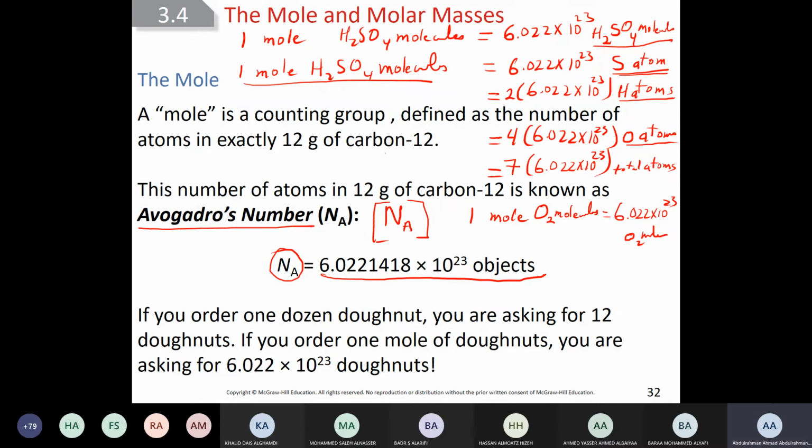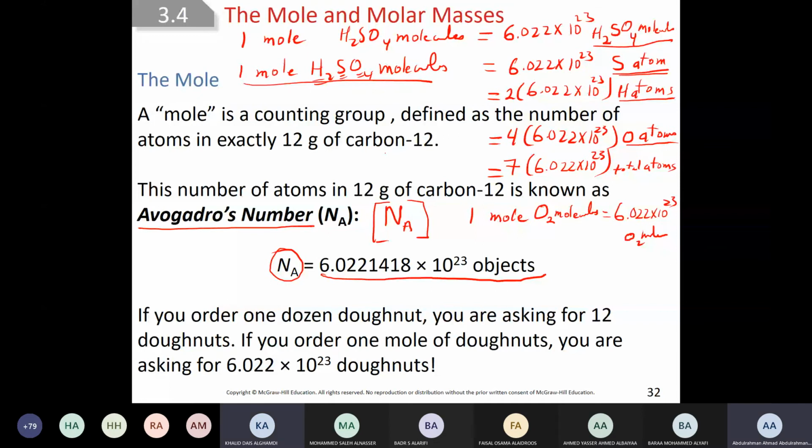No, Doctor, what's the last one? The last one is the question of how many atoms of hydrogen do I have? 2. And how many sulfur? 1. And how many oxygen? 4. 4 plus 2 plus 1.